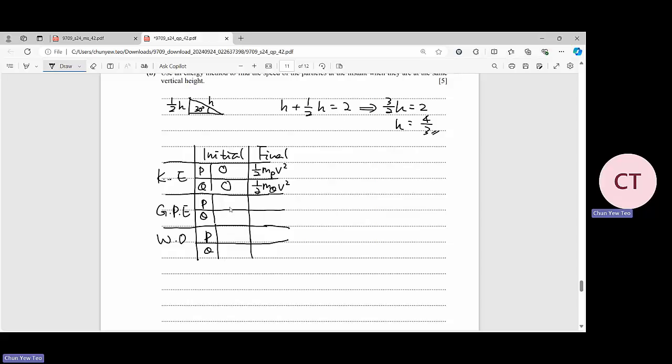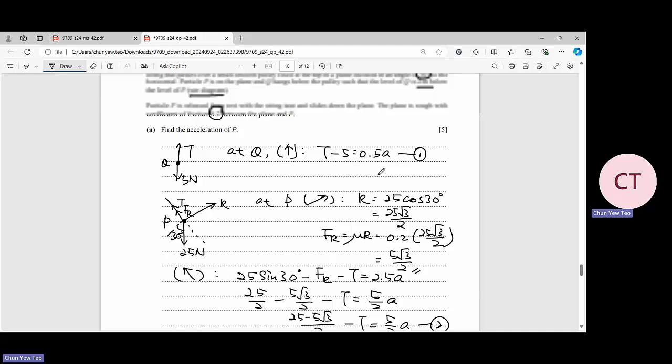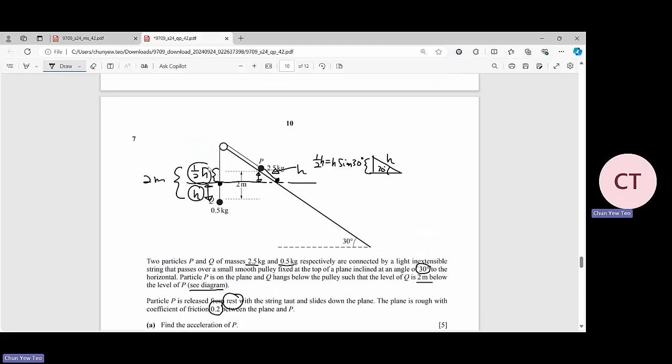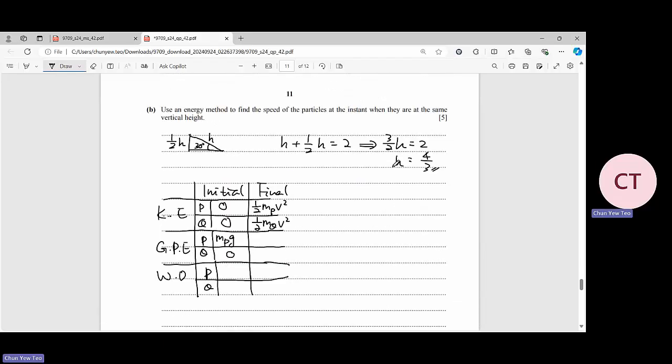At the beginning, Q has no potential to go down, but the P has the potential energy to go down. When P goes down, it goes down by this height, half of the h. So over here we have this as m_P g half of the h. Then at the end, when they reach the same level, there is no more.